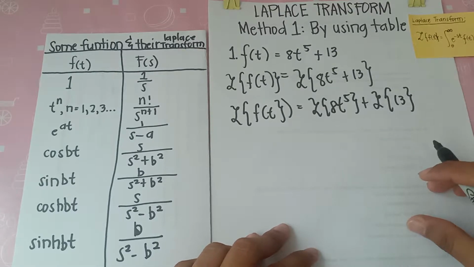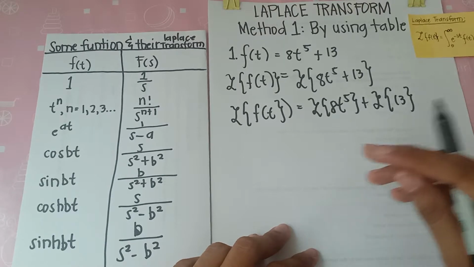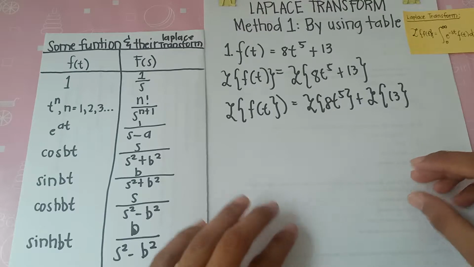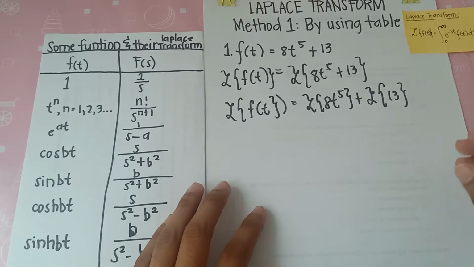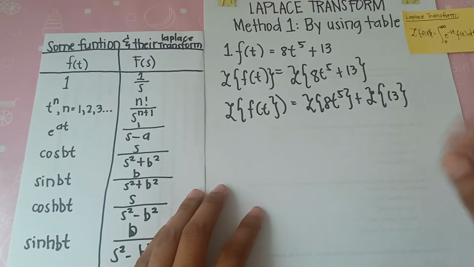Here, the constant, or the numbers, must be placed outside the Laplace transform, like in solving an integral, where by using integral techniques we place the constant outside the integral.